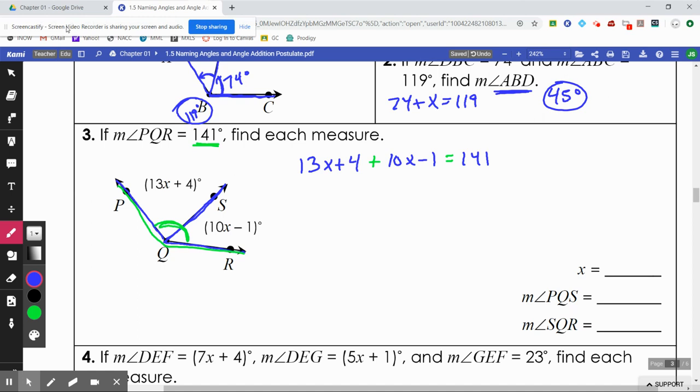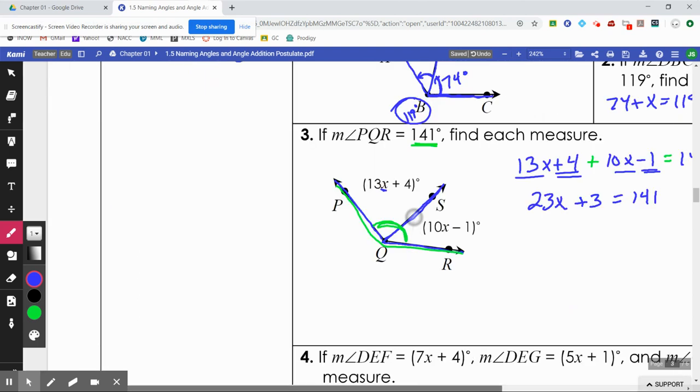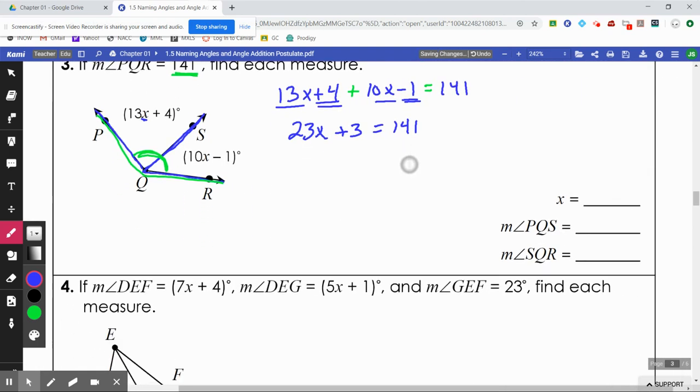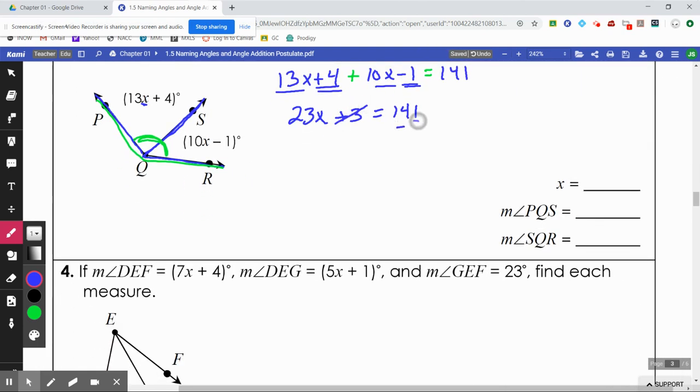Once you figure out what x is, the same way we did before, we can plug it in, and that tells us how big each angle is. Combine like terms: 13 and 10 gives me 23x. A positive 4 and a negative 1 gives me a positive 3. Bring down 141. Now solve the equation by moving the 3 over: plus 3 is now minus 3. 23x is 138. Divide by 23, and you'll find out that x is 6.